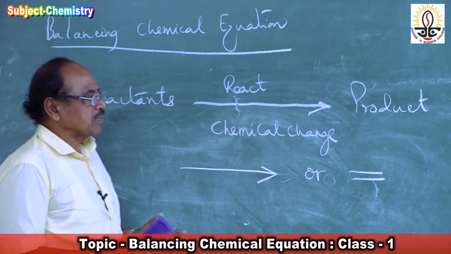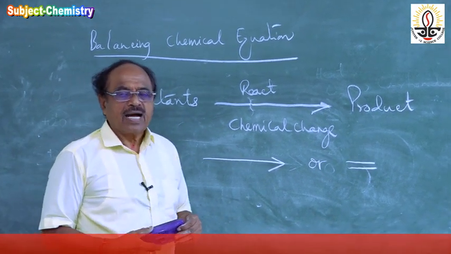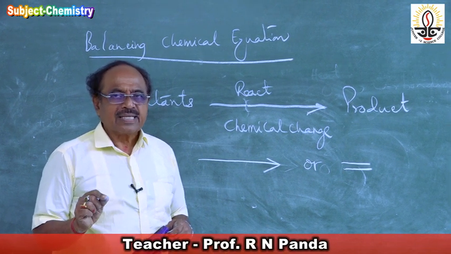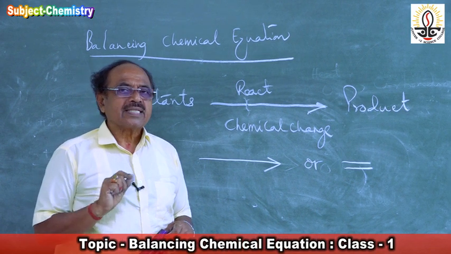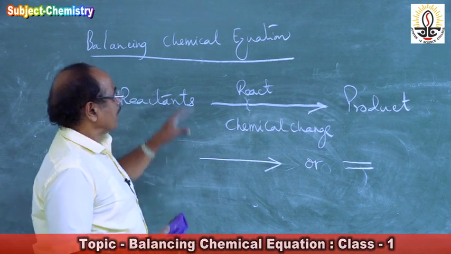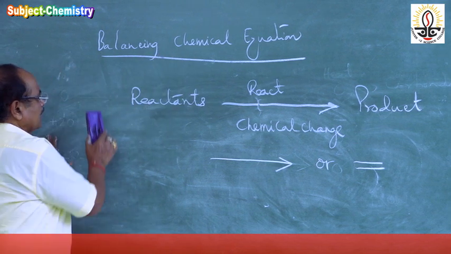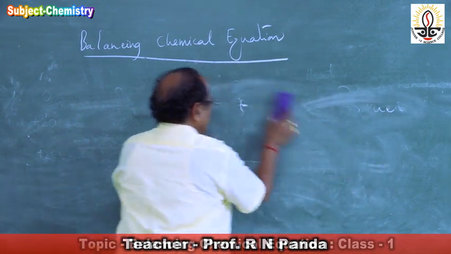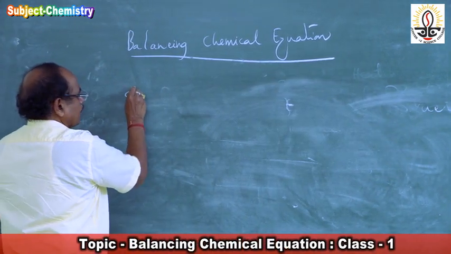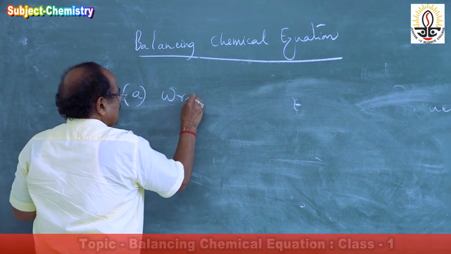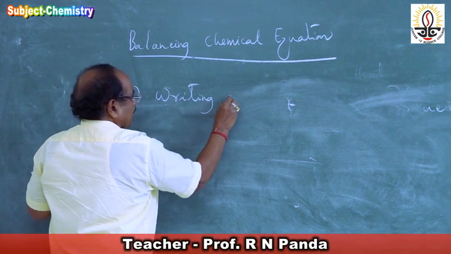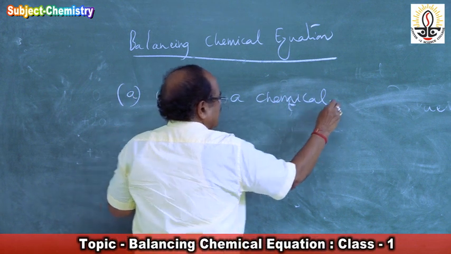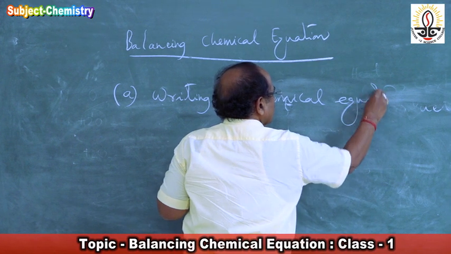So now the question comes: what are the rules for writing a chemical equation? First we will study how to write a chemical equation, then how to balance a chemical equation. Balancing chemical equations can be studied in two parts. One is writing a chemical equation.